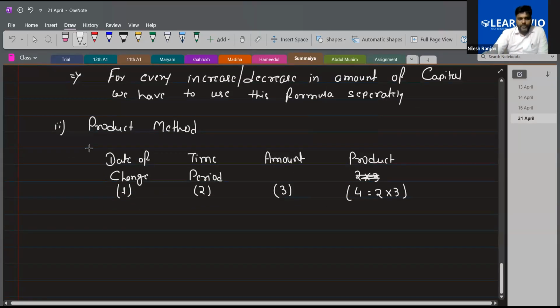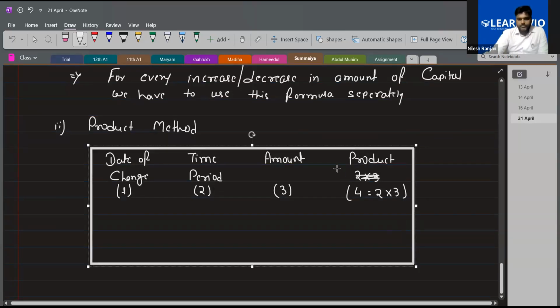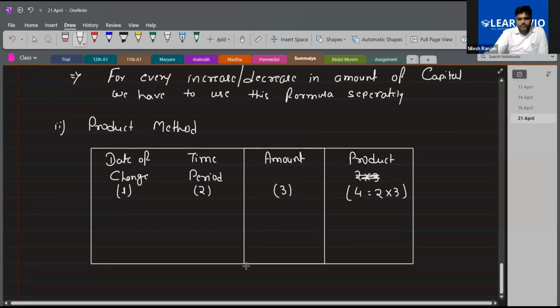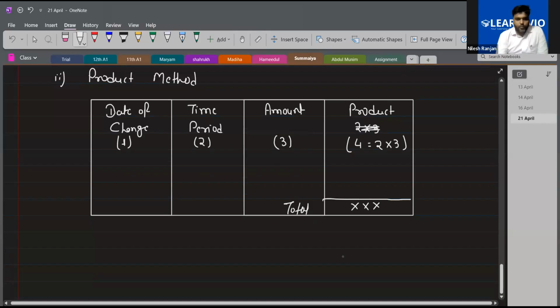Now, after preparing this table, we calculate the total of this product. And this total of product will be used for calculation of interest.